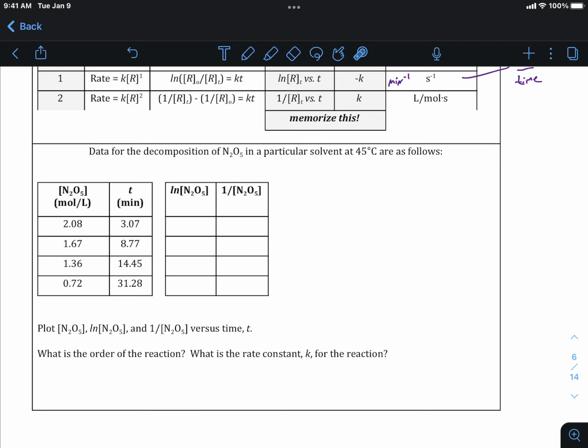And so when you look at these on your graph, probably with only 4 points, it's going to be hard to tell if this is linear. So the better thing to do is to calculate the linear regression. So calculate the linear regression of L1 versus L3, right? Because remember, that's the ln one.